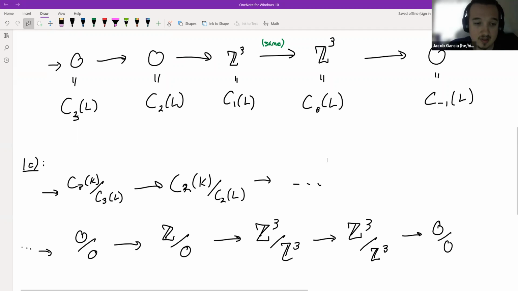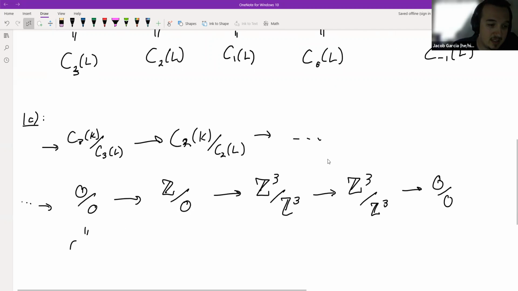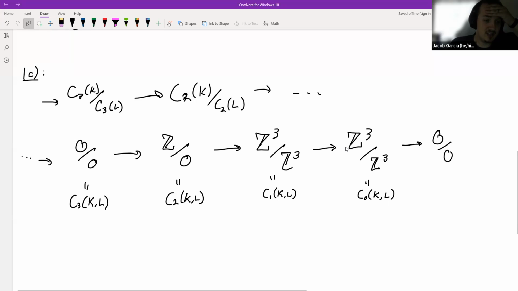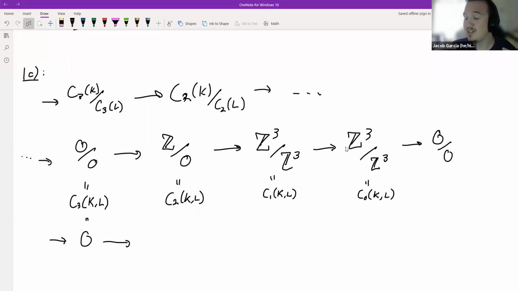So this is C3 of the pair K comma L. This is C2 of the pair K comma L. C1 of the pair K comma L. And C0 of the pair K comma L. Simplifying these down in the world of abelian groups, in the algebra sequence here we normally write these as 1, for the trivial group, instead of 0. So you might wonder why we are dividing by 0, but y'all are smarter than to be tripped up by dividing by 0.